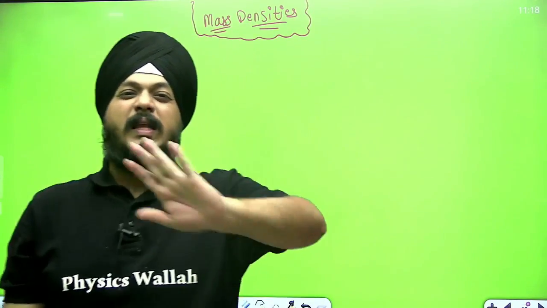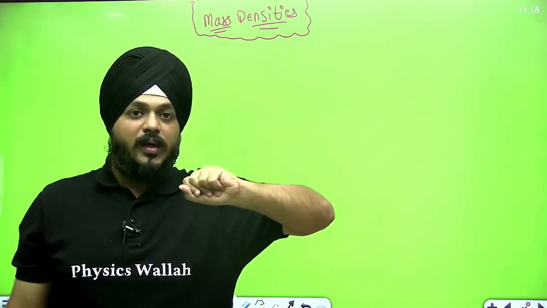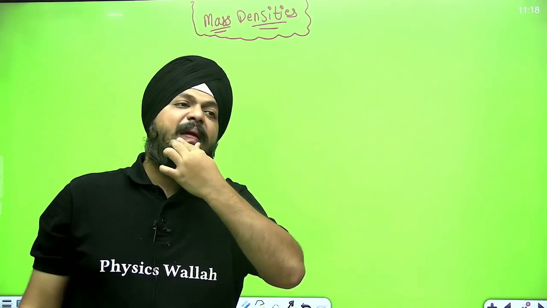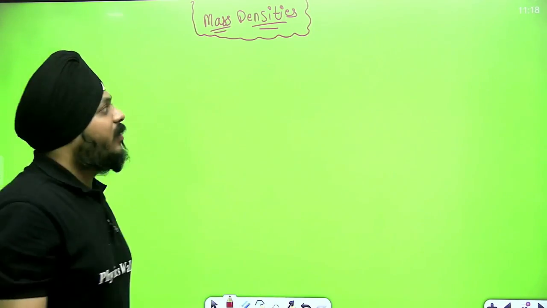It is important whenever you are dealing with the configuration of the system. Mass densities are important. The same way, charge densities are going to come up in the 12th syllabus.